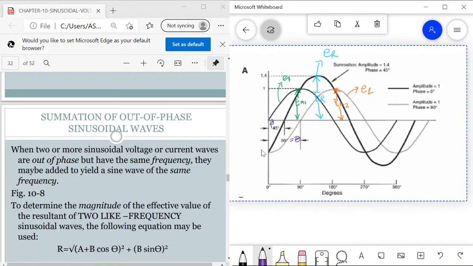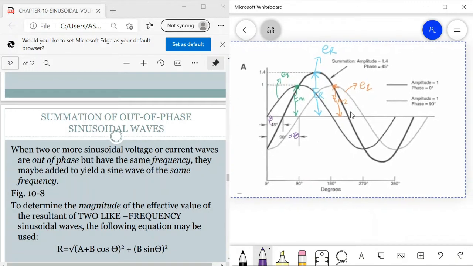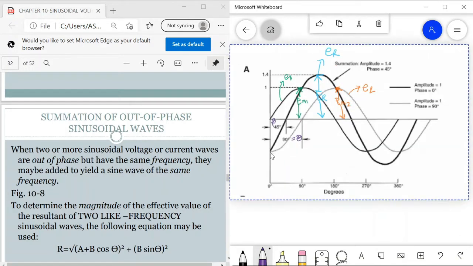Another wave is this one. This is case 2, out of phase, diba, lagging. So this wave naman started at time equal to 0 but has a value. So it is 90 degrees lagging from the reference.